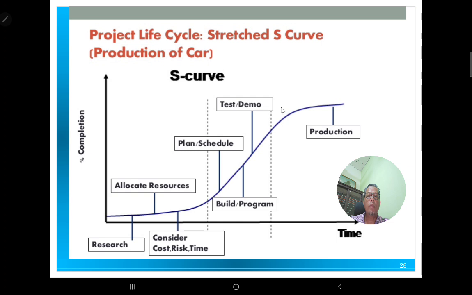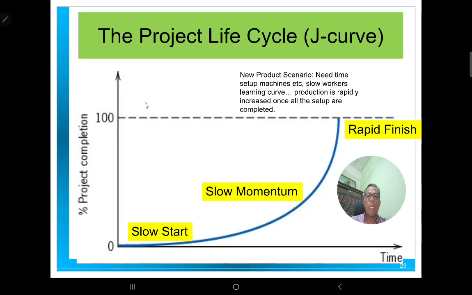And then once everything has been cleared and tested, you can start the production of the car, which will go through at the end of the completion. So this is a typical S-curve project to produce a car.